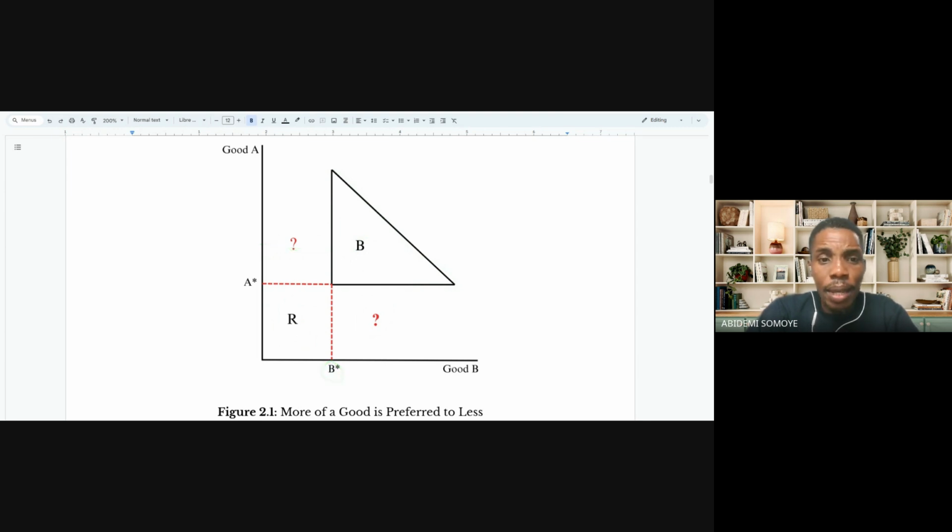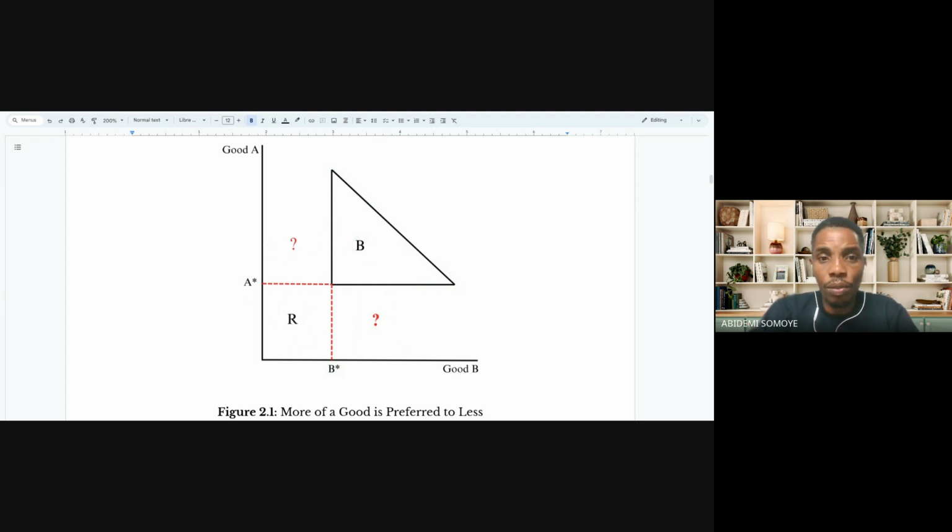At the same time, if A remains the same and you are consuming more of good B, I also can't tell if your level of satisfaction is increasing, because your A is constant and B is increasing. Okay, so this question mark shows that I can't tell if there's an increase in your level of satisfaction, but these levels of B show more is better or non-satiation.